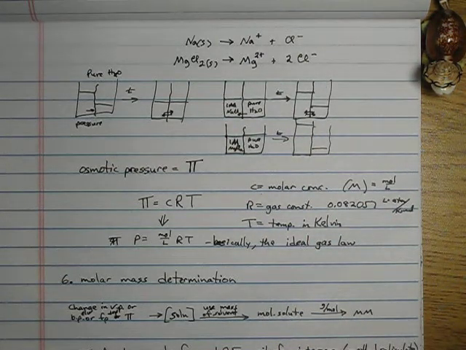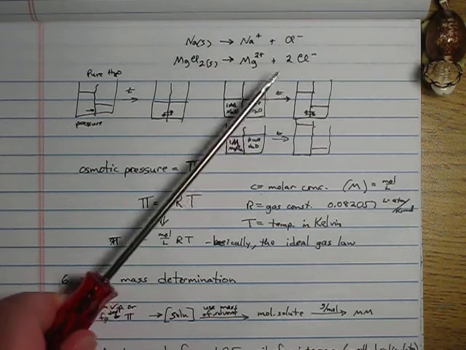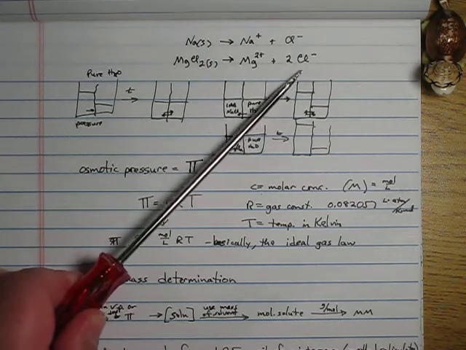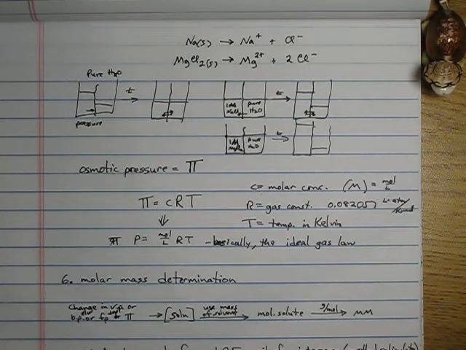Note, it's very important, remembering from Gen Chem 1, how to break up ions when you're doing reactions. When ionic compounds dissociate, you have to remember that yes, the 2 goes in front of the Cl, which means we have the 2 Cl minuses plus the magnesium. We have 3 particles.